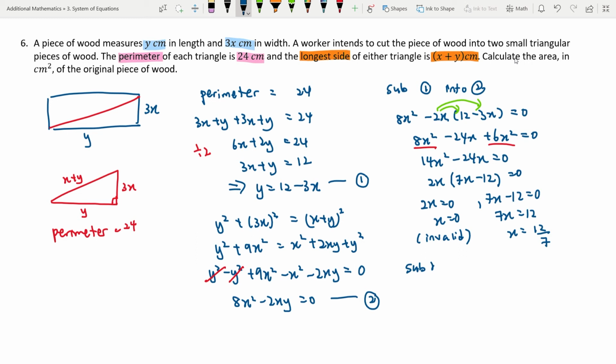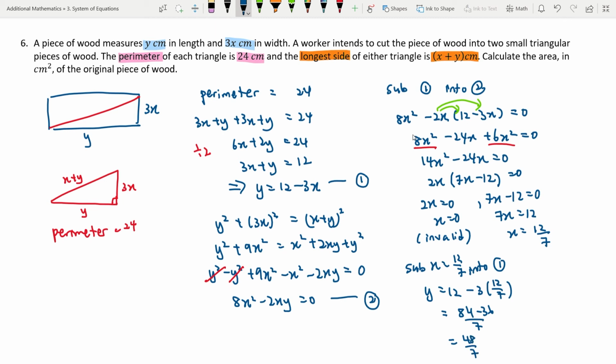We substitute x equals to 12 over 7 into equation 1. y is equal to 12 minus 3 multiplied with 12 over 7. We simplify the equation. 84 minus 36 over 7. We get 48 over 7.